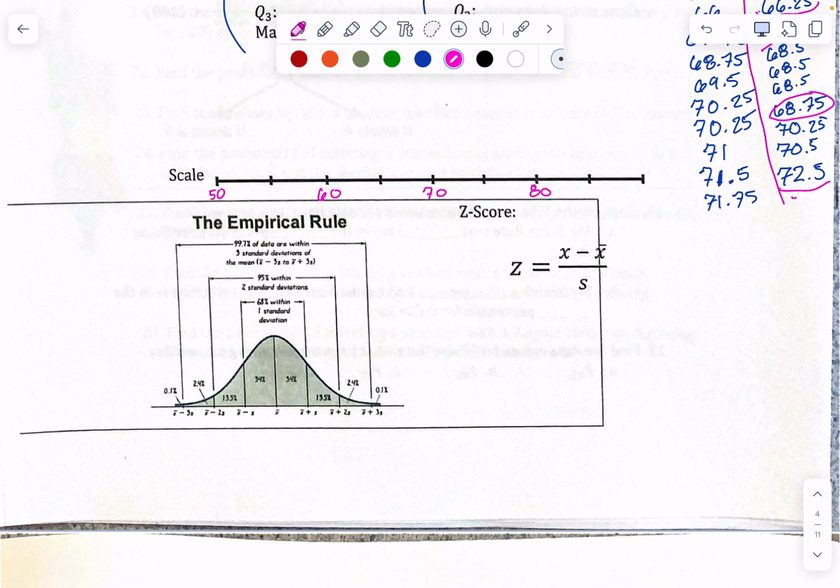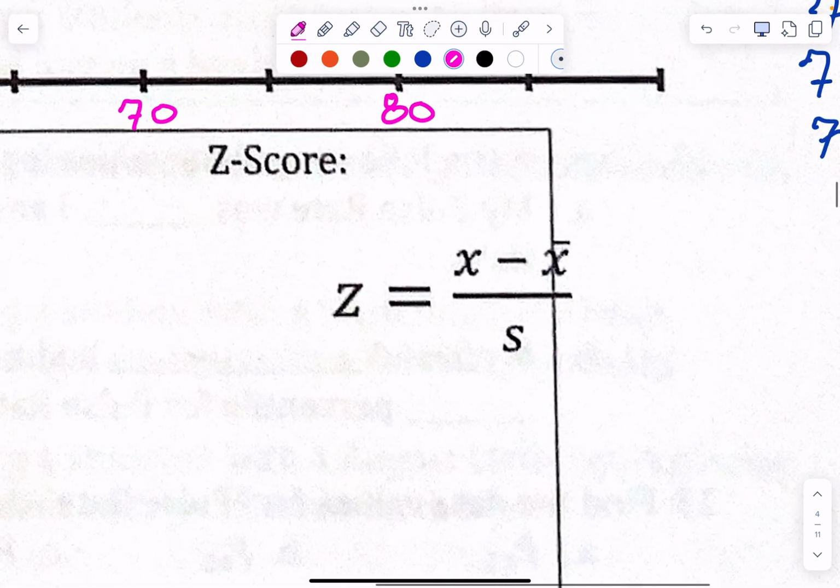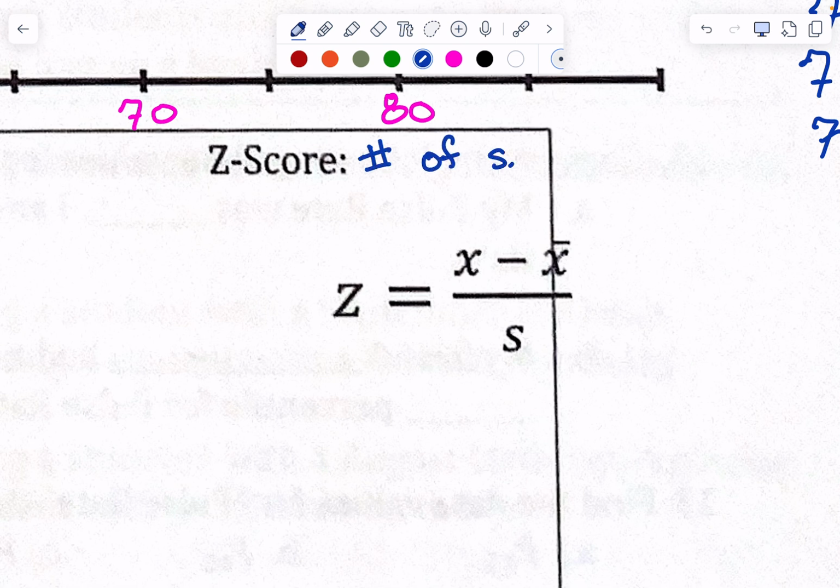Let's talk z-score. What is a z-score? Yeah, it is the number of standard deviations you are above or below a mean.